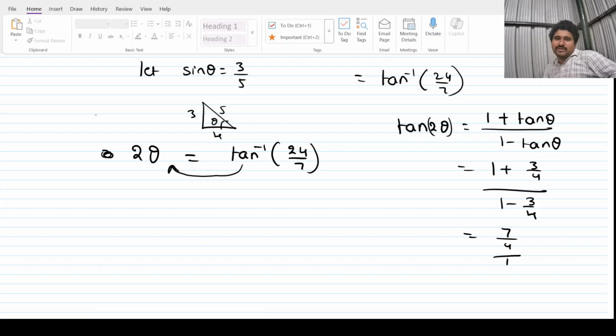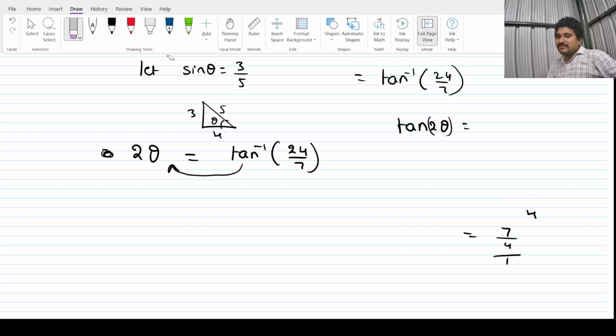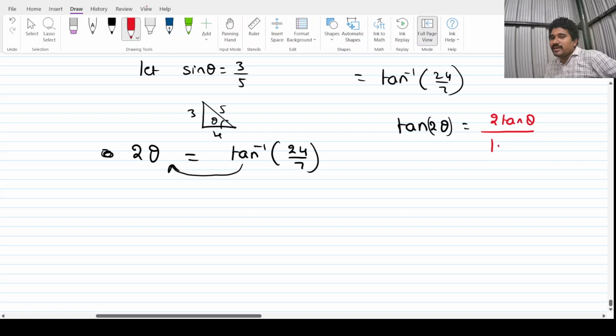It should come 24 by 7. Did I make any mistake? I wrote the formula wrong, sorry. It is not 1 plus tan theta, it is 2 tan theta by 1 minus tan squared theta.